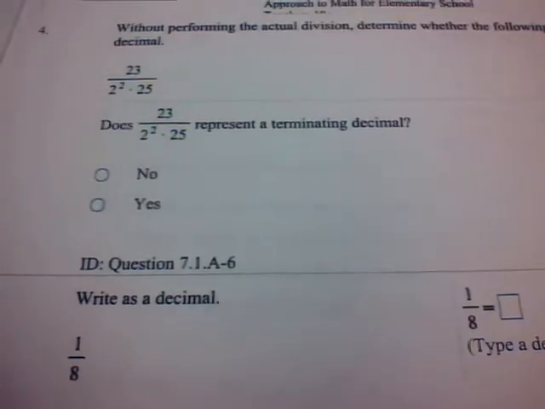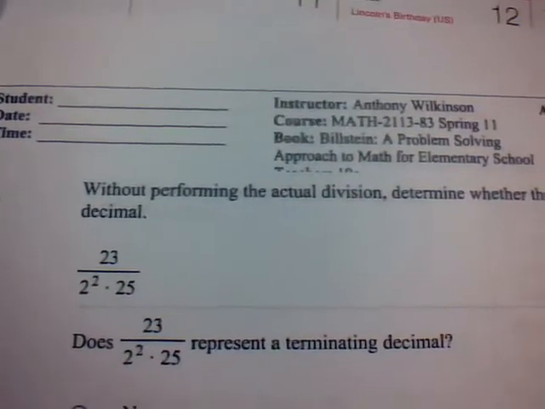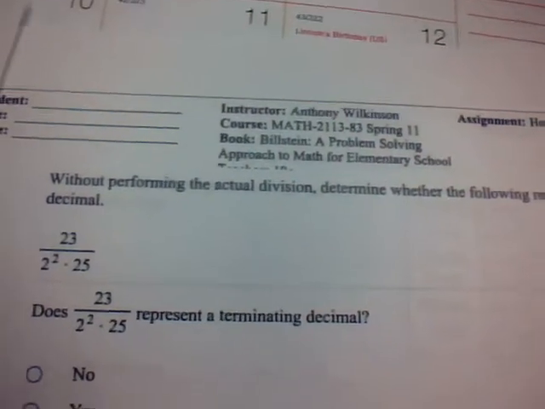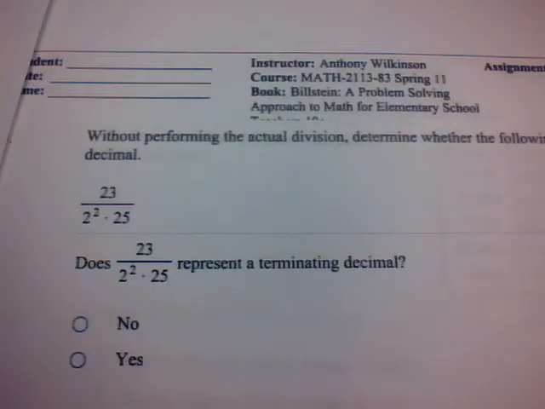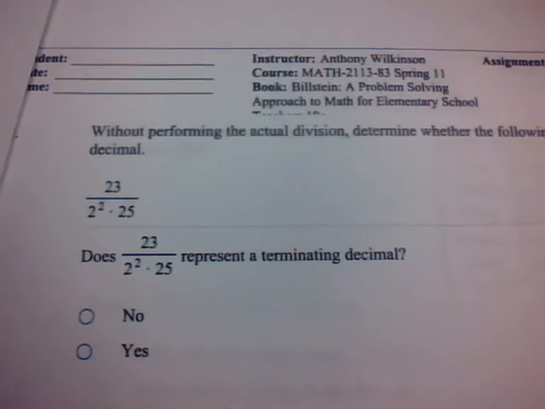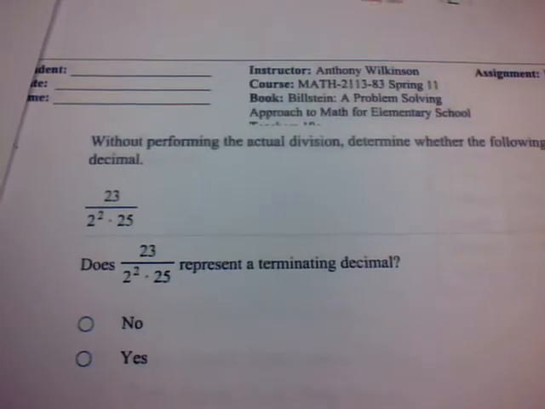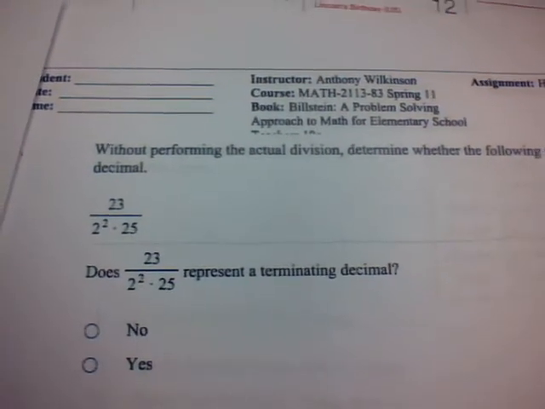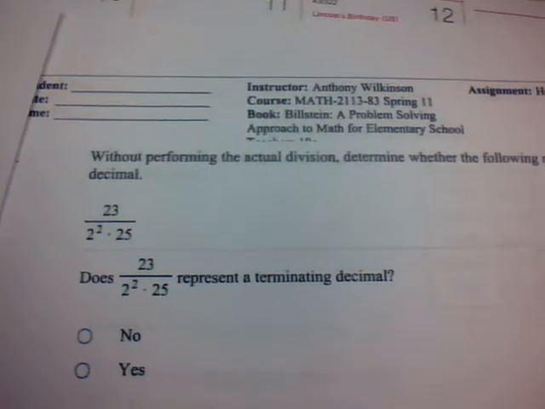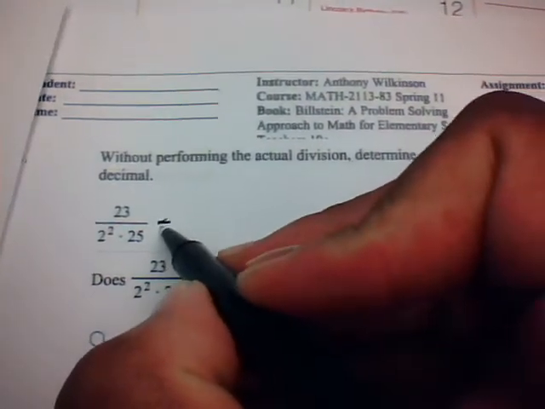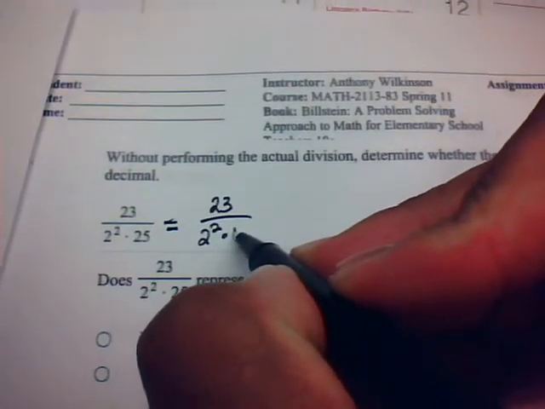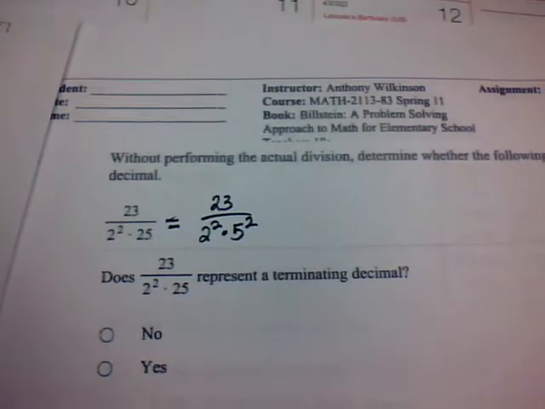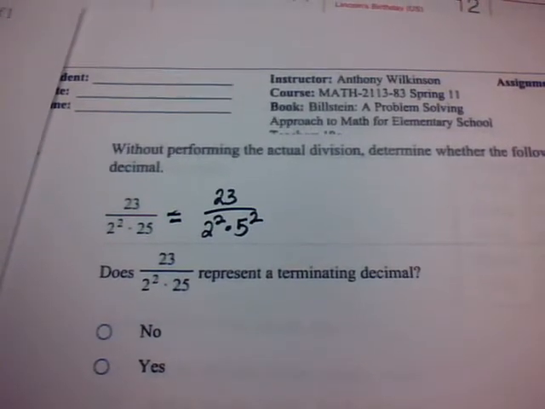Okay, problem number 4. Looks like this. Without performing the actual division, determine whether the following represents a terminating decimal. Here we got 23 over 2 to the second times 25. And we want to know, does that represent a terminating decimal? Okay, I'm going to rewrite 25 as 5 to the second, because I know 5 times 5 gives me 25.